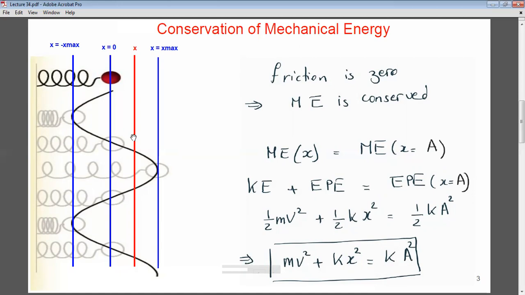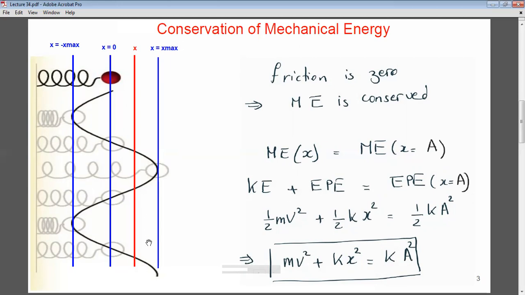What types of energy do I have? At any value x, there is some compression or elongation, so there is EPE, and it is moving to the left or right, so there is kinetic energy.